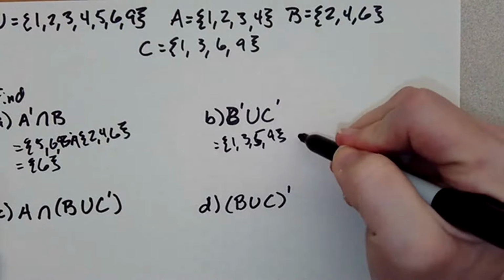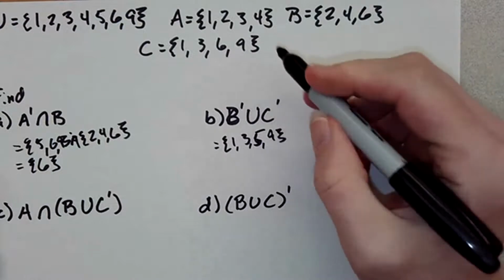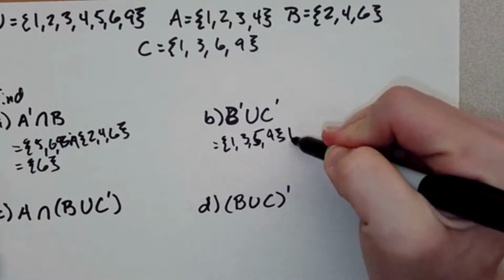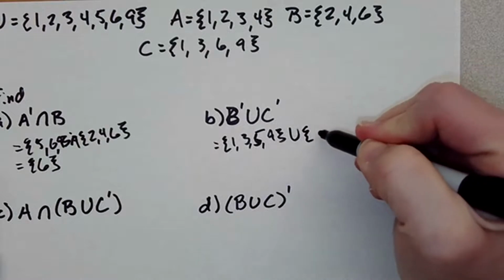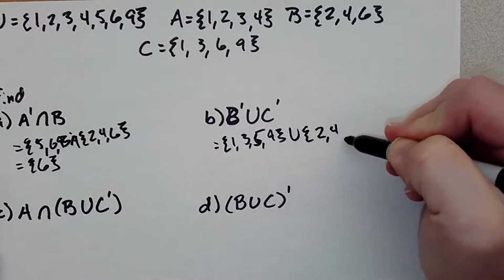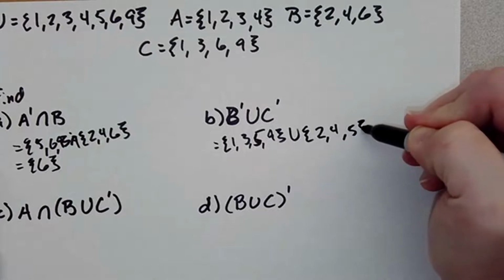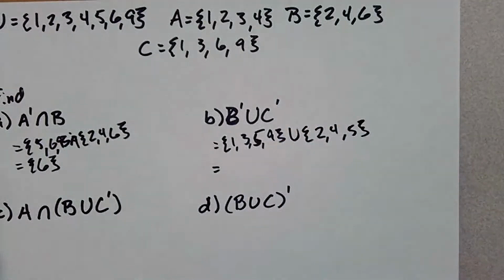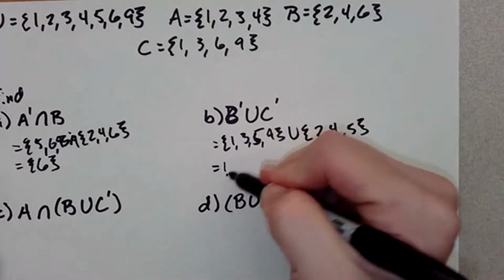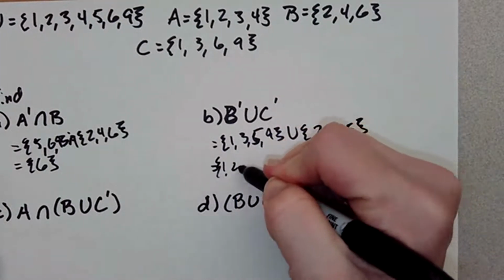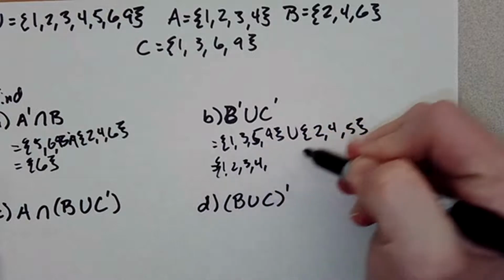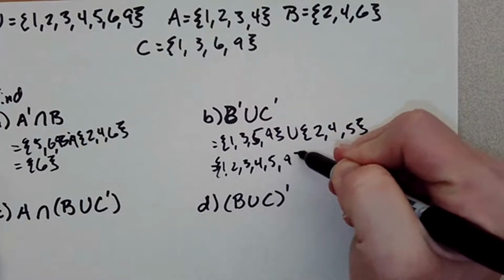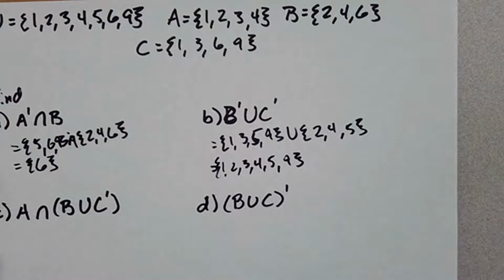And C is 1, 3, 6, 9. So its complement is 2, 4, 5. Then their union has all elements in both of these: 1, 2, 3, 4, 5, and 9. No 6. That's the only element that isn't in there.